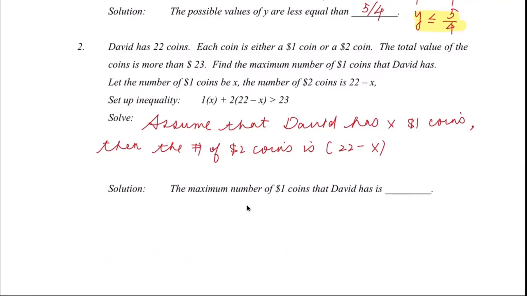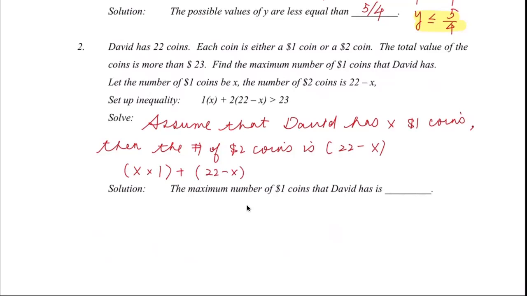How do we express the value of X $1 coins? So we have X $1 coins. Each coin represents $1. So this is the value of X $1 coins. Plus, how do we represent the value of 22 minus X $2 coins? We have 22 minus X coins.